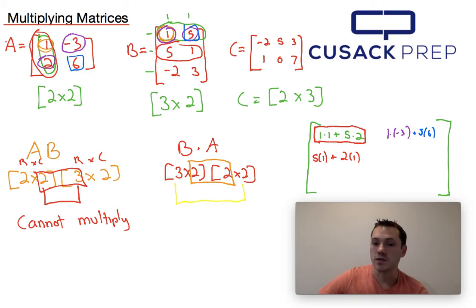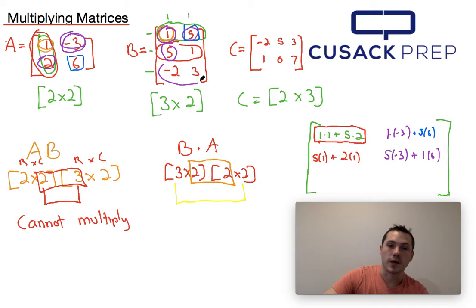To get row 2, column 2, I multiply row 2 by column 2. Row 2, the first number is 5, column 2, negative 3. And then 6 times 1. To get row 3, column 1, I multiply row 3 by column 1.